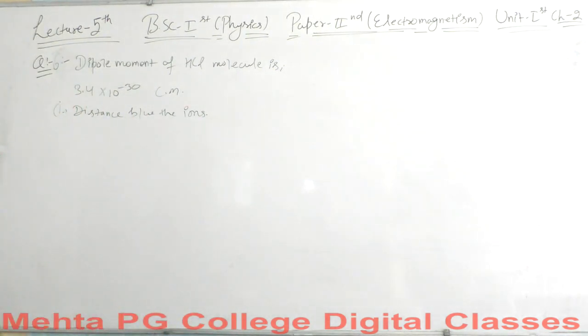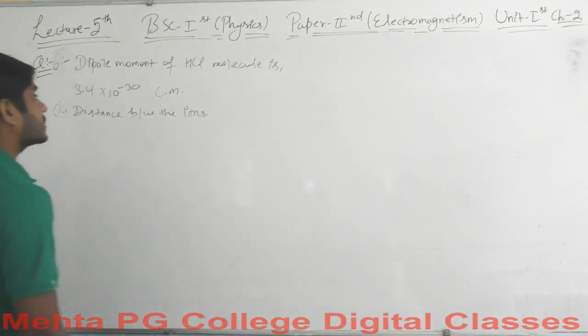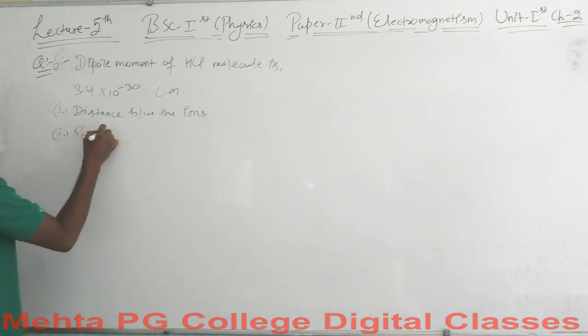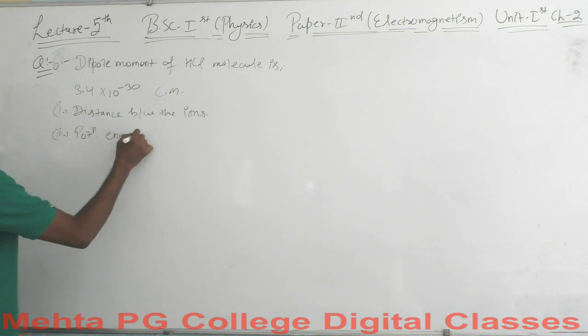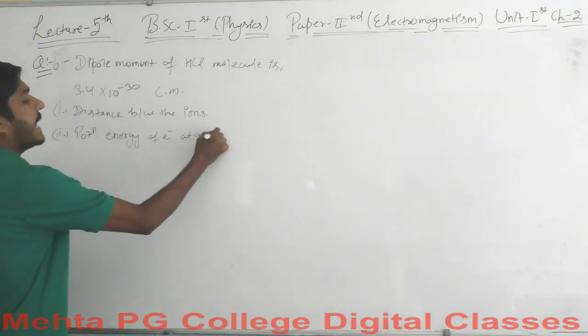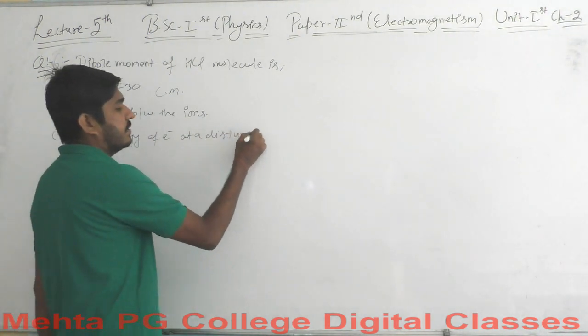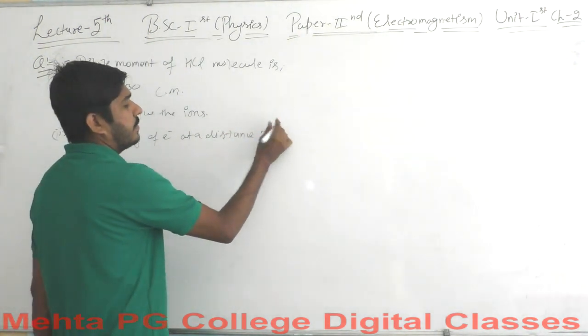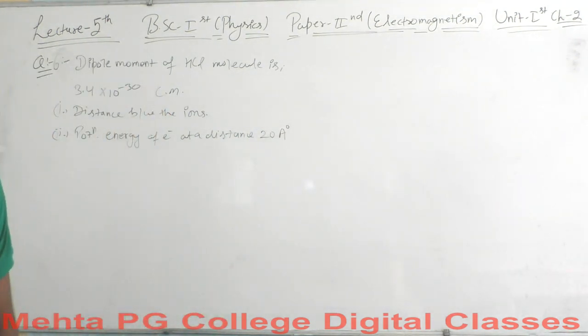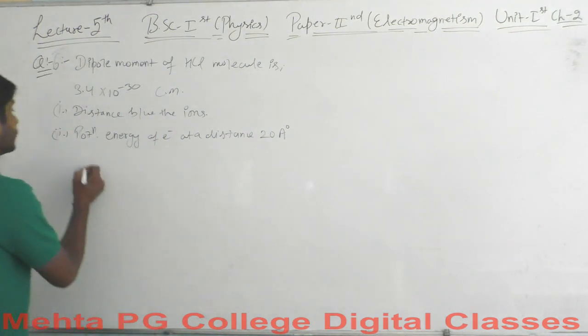Also calculate what will be the potential energy of an electron at a distance of 20 angstrom from the center on the line joining the ions.